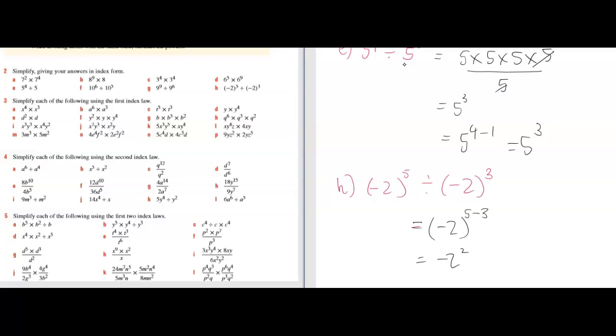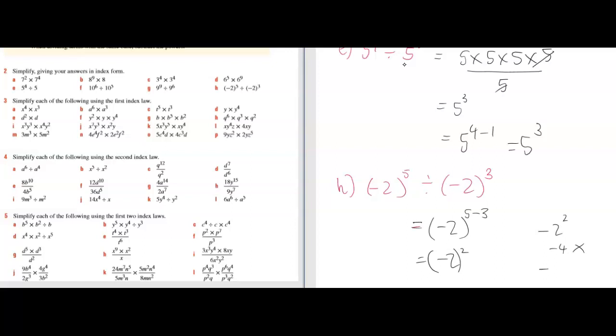Now, you can write it like that. I like to put negative numbers in brackets when we're taking them to a power, because sometimes if you put this into the calculator without brackets, it's going to read that negative sign as separate to the 2 and will give you an answer of negative 4. But this is wrong.